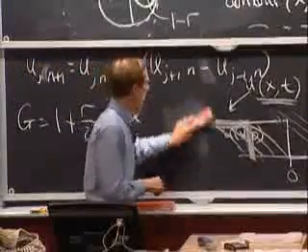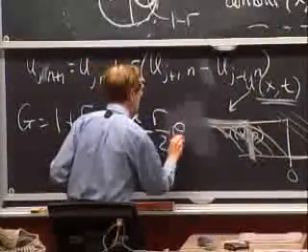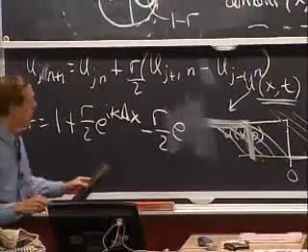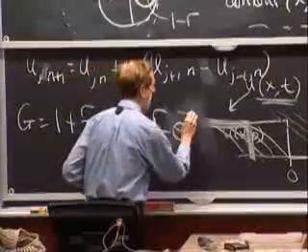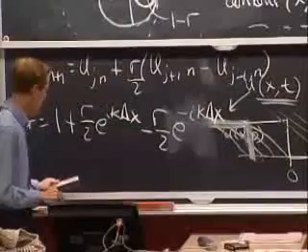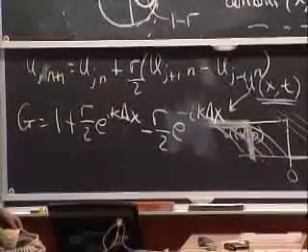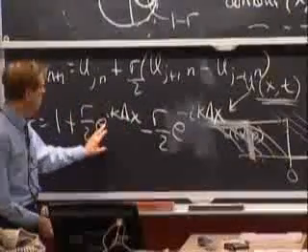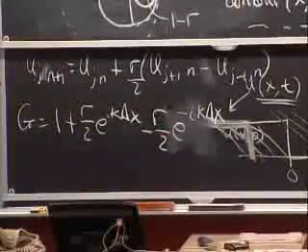And this one will be a minus r over 2 times e to the, so it's back one step, so there'll be an e to the minus ik delta x. So g is 1 plus this quantity, r over 2 times e to the ik delta x minus e to the minus ik delta x.